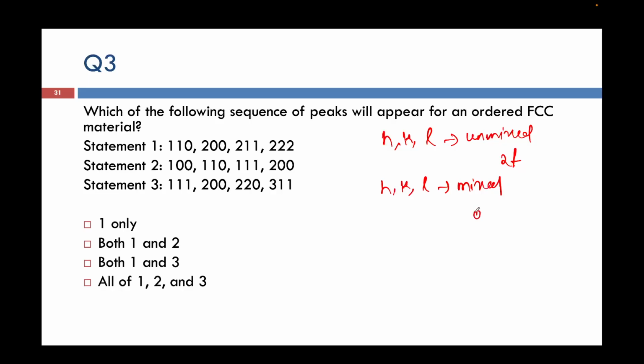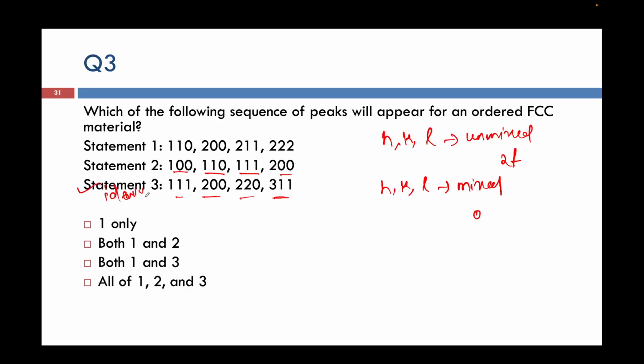So which ones are unmixed? Statement 3: 1 1 1, 2 2, these are unmixed, right? And 1 0 0, 1 1 0, 1 1 1 are mixed. So ideally the answer should be statement 3.